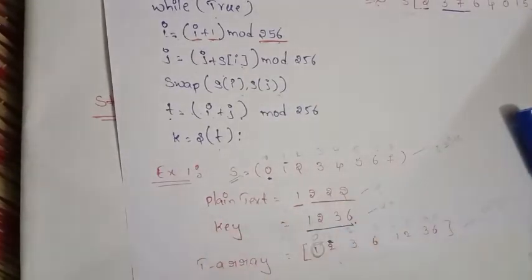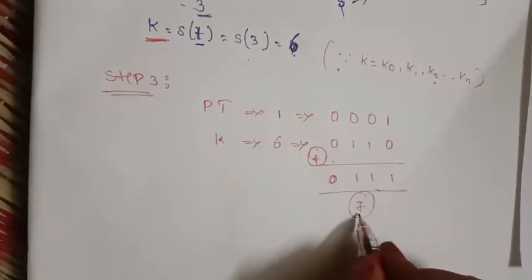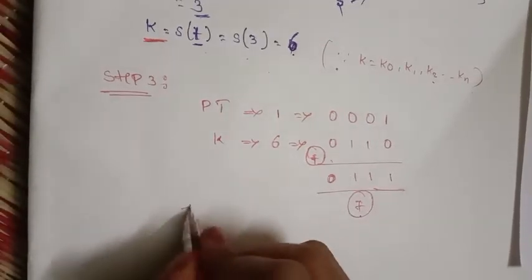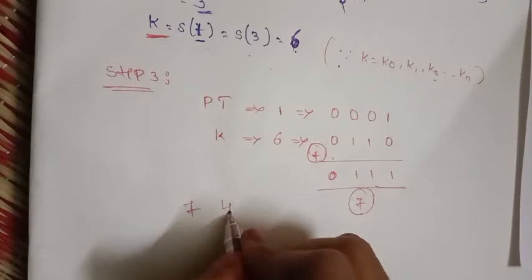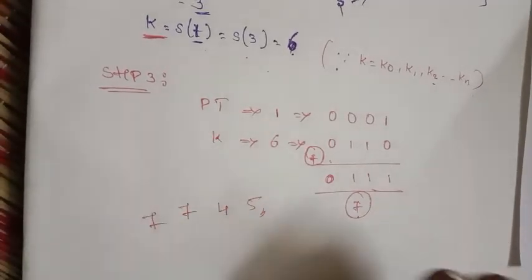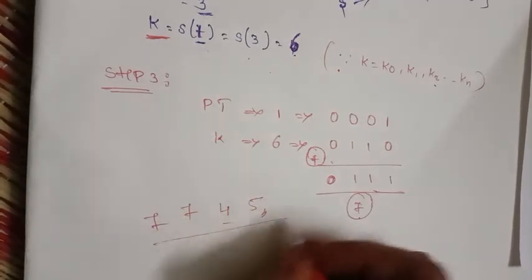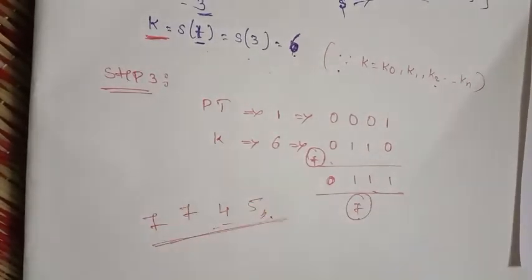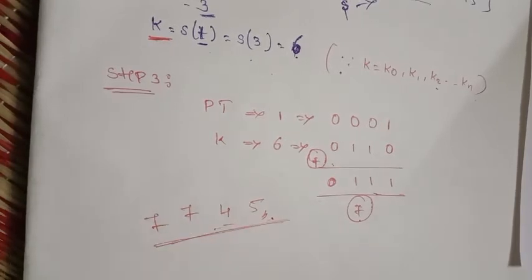For the first we got 7, and for the remaining 7, 4 and at last 5, guys. So the total value is 7745. This is the answer we got, that means the text after encryption. That's it. It is very simple, guys.